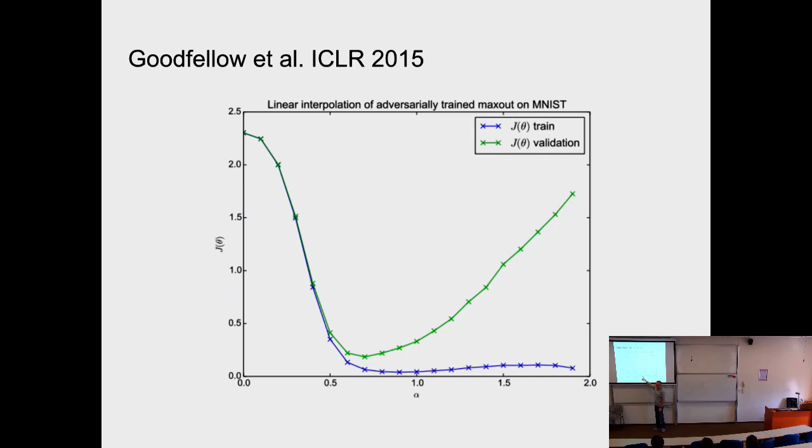Now, you know the starting initial point in the weight space, you know the minimum in the weight space, you can draw a line between them, and you can basically pick 100 points in that line to see how the loss changes along that line.